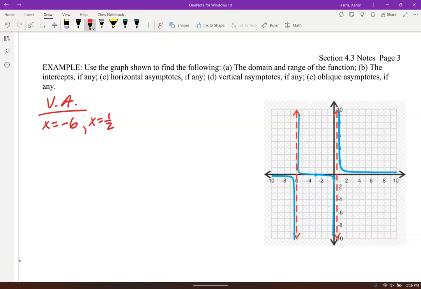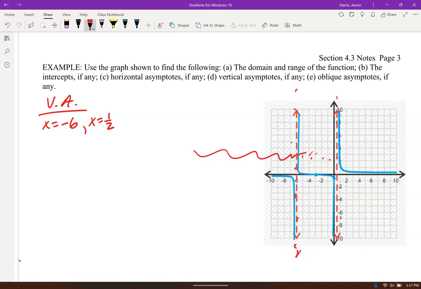It'll never touch that. That's the giveaway for my domain. My domain will be everything except those values. So it'll come from -infinity up to -6, but it'll never touch that vertical line. Then it'll be all defined in between there. You can see the blue there. It's all defined.